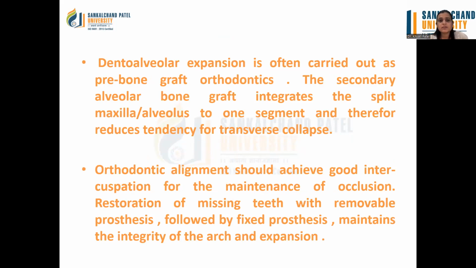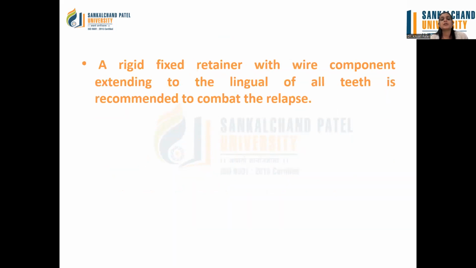So in this patient, if we require dentoalveolar expansion, we require secondary bone grafting after correction of the surgery. Even good intercuspation and maintenance of the occlusion are also required in cleft palate cases. Sometimes a rigid fixed retainer with a wire component extended lingual to all the teeth is recommended in all the cleft patients to prevent the relapse.